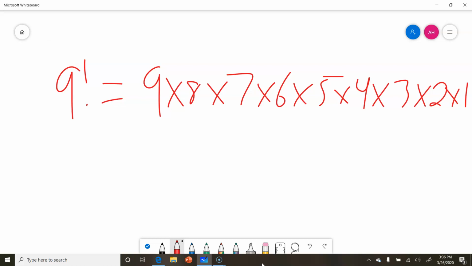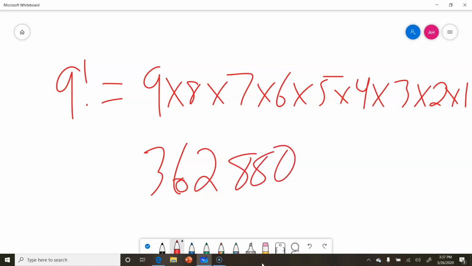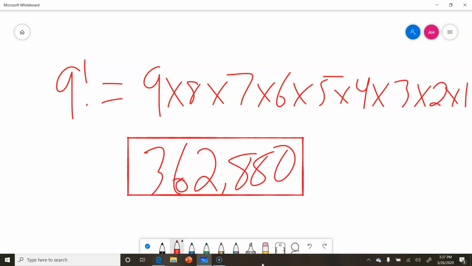If you're still typing, don't look at the screen yet, but it's 362,880. That is our factorial of 9. Okay, that's easy to do.